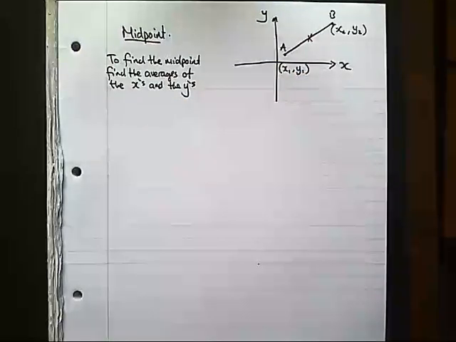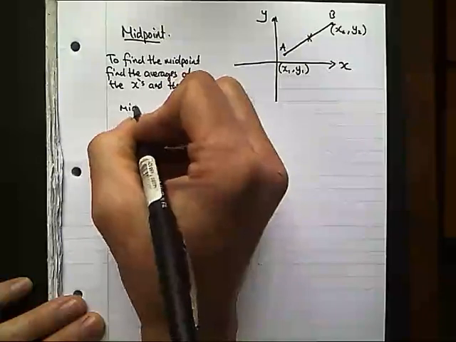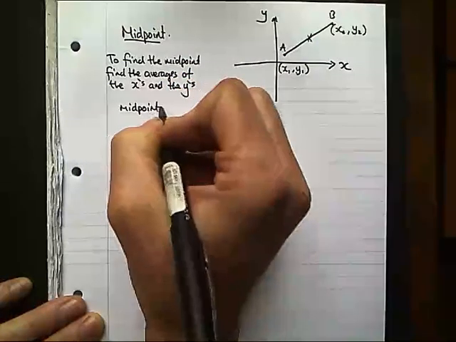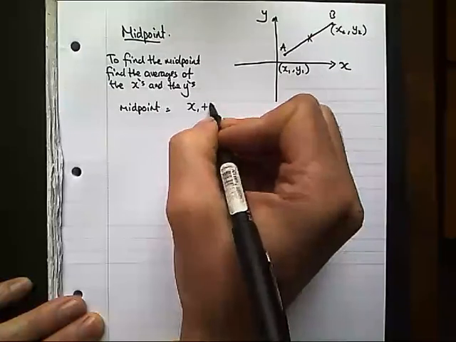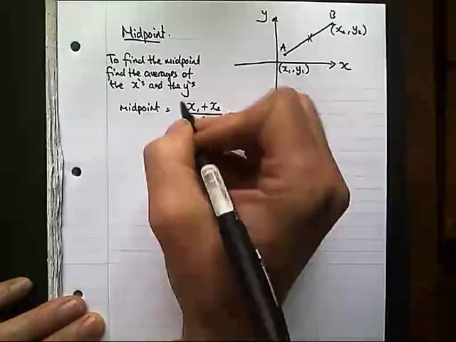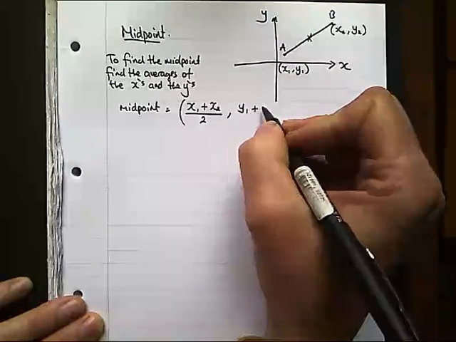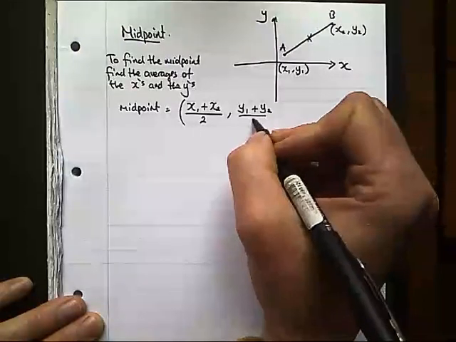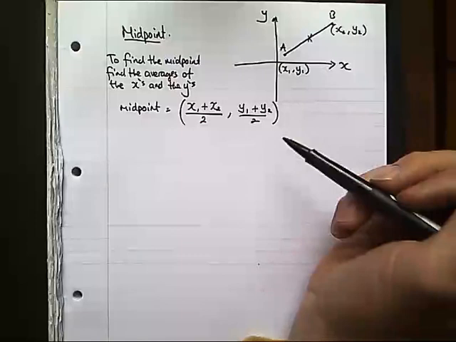There's only 2 of them, so I add them both together and I divide by how many there are. So what we get is the midpoint is equal to: the x coordinate will be x1 plus x2 divided by 2, and the y coordinate will be y1 plus y2 divided by 2. And that's a nice straightforward thing to remember.